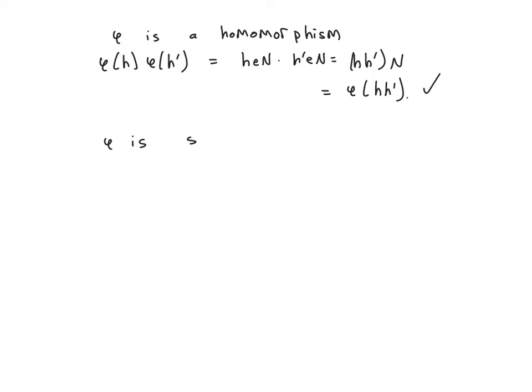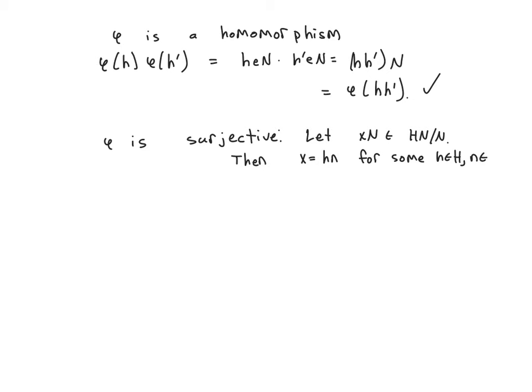We also need to show that we're surjective. Let xN be one of these cosets. Then, of course, that means x has to be equal to hn for some h in H, n in N. But then xN is hnN.